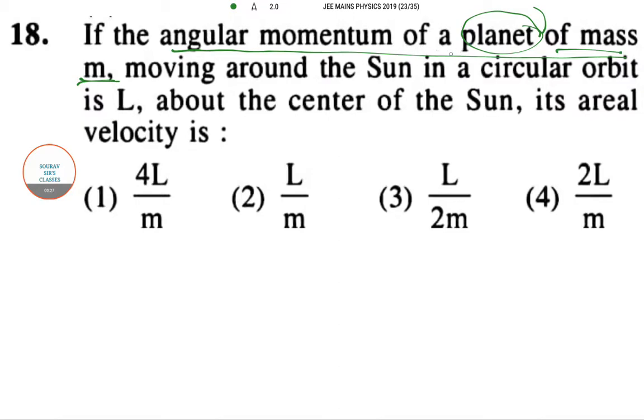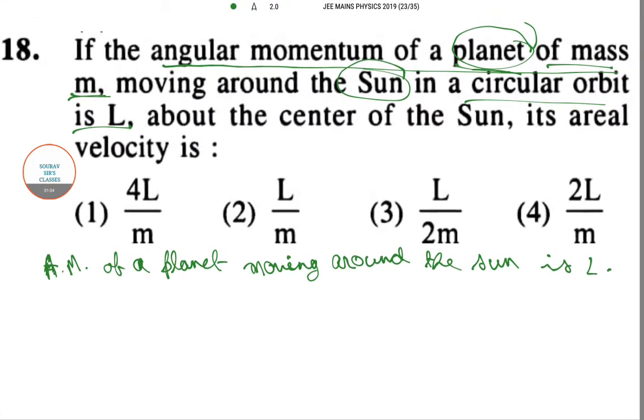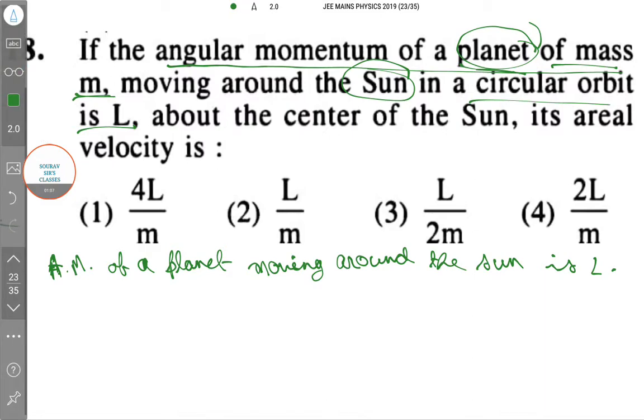Angular momentum of a planet of mass m moving around the sun in a circular orbit is L. This is the angular momentum.